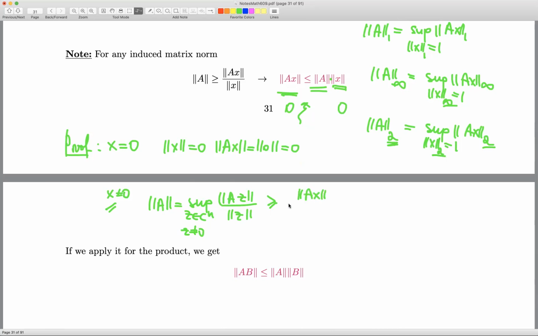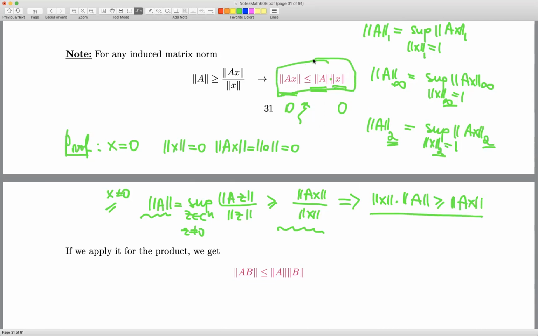So this will be bigger than or equal to the norm of AX divided by the norm of X, and therefore the norm of A is bigger than or equal to the norm of AX divided by the norm of X. If I multiply both sides by the norm of X, I have that the norm of X times the norm of A is bigger than or equal to the norm of AX, which is exactly this inequality, but written the opposite way. So this is an important inequality.